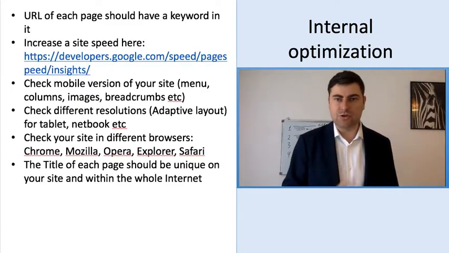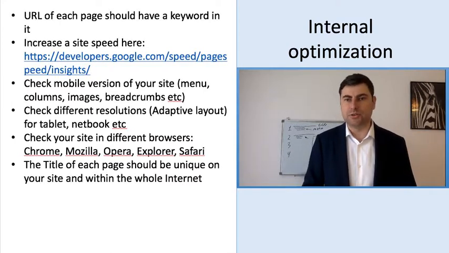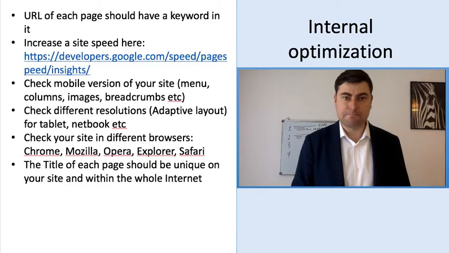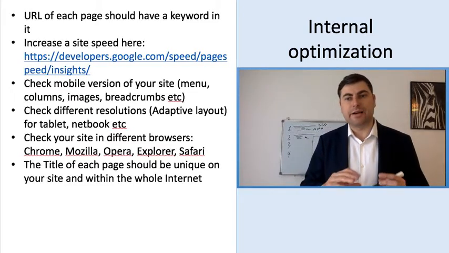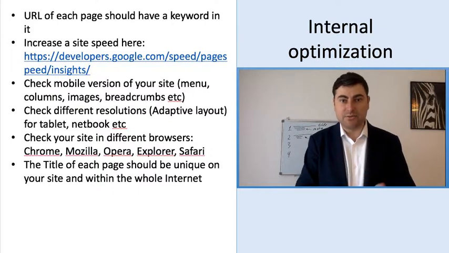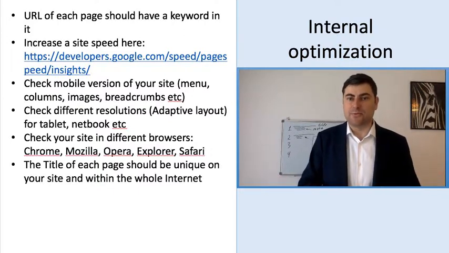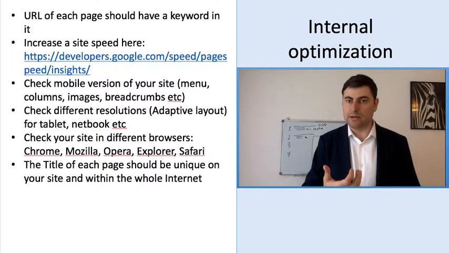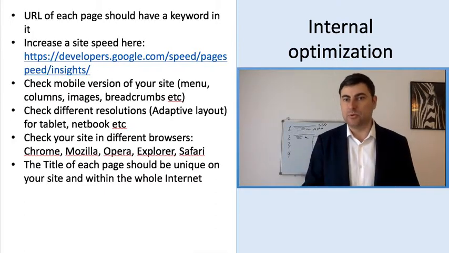Pay attention, because a lot of users will use mobile to reach your website. Then check the adaptive layers and layout for different resolutions, for mobile, for tablet, for netbook, and so on.